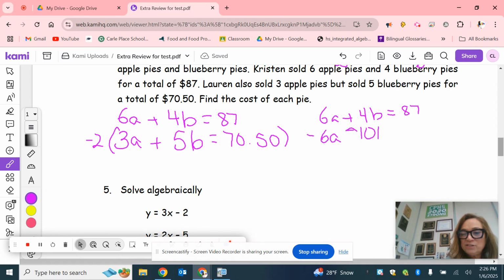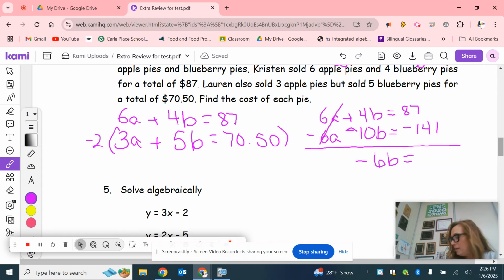The -10 is just a product of that, and then the -141 is just by multiplying by -2. So -2 times 3a, -2 times 5b, and -2 times $70.50. Then you add down, and you get -6b is the same as, and I'm just going to grab my calculator, -141 plus 87, and that equals -54.